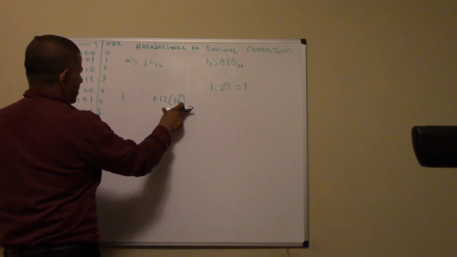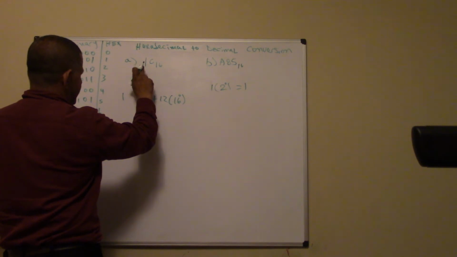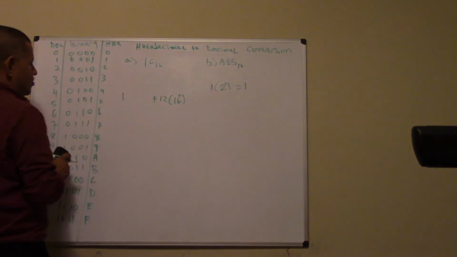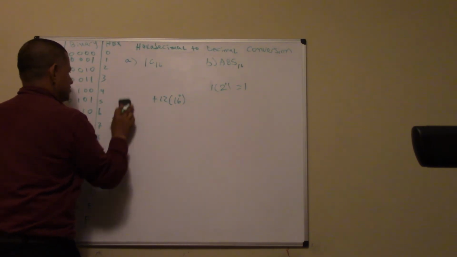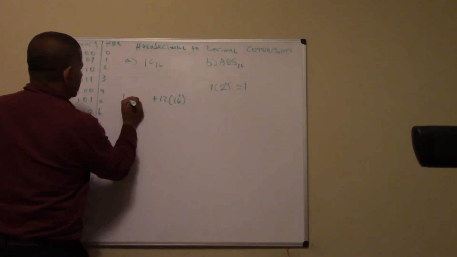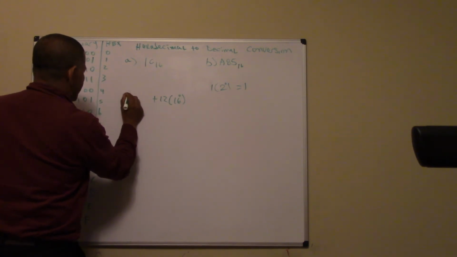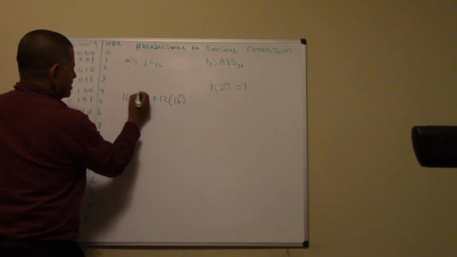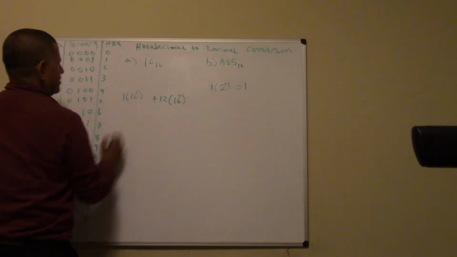Now here I am going to multiply that number 1, and then I am going to multiply that number by 16, right? And what base is this? If this is 0, this is going to be 1, right?